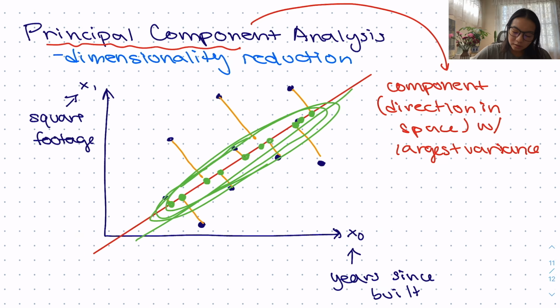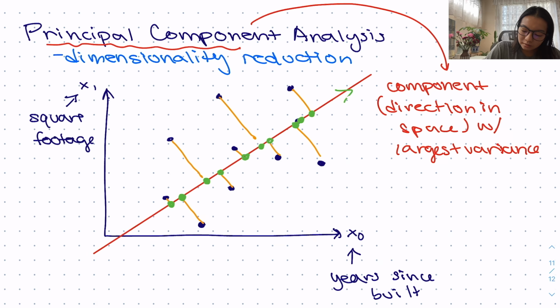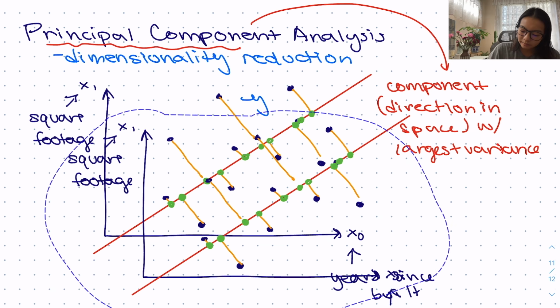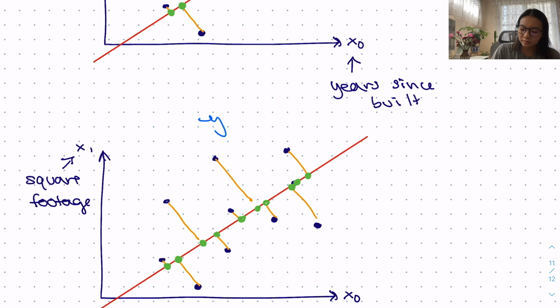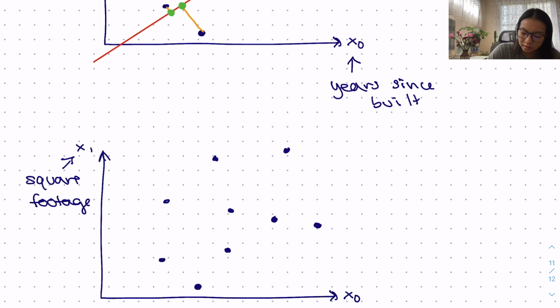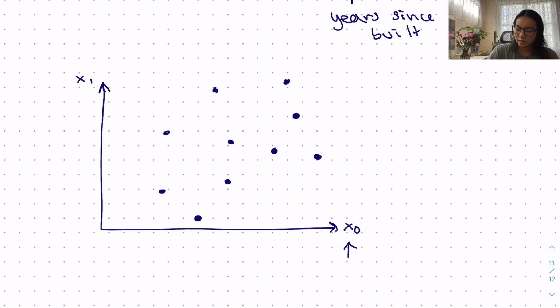In this direction, this is where our points are the most spread out. If I took this plot, and let me actually duplicate this so I don't have to erase and then redraw anything. Let me get rid of some of this stuff. And I just got rid of a point there too, so let me draw that back. All right.